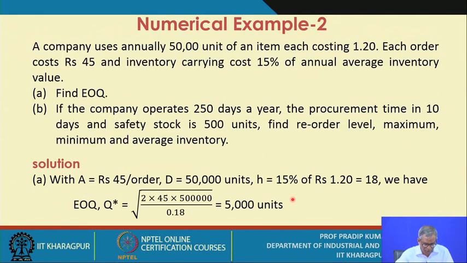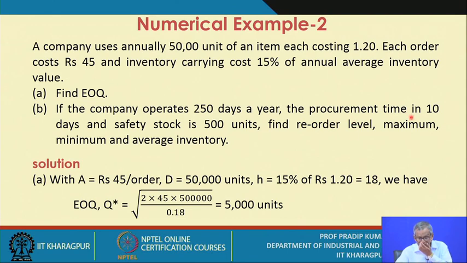Okay, so follow the steps. This is the second example related to EOQ and reorder level. Here also you have to find EOQ. The operating days per year of the company are given as 250 days.